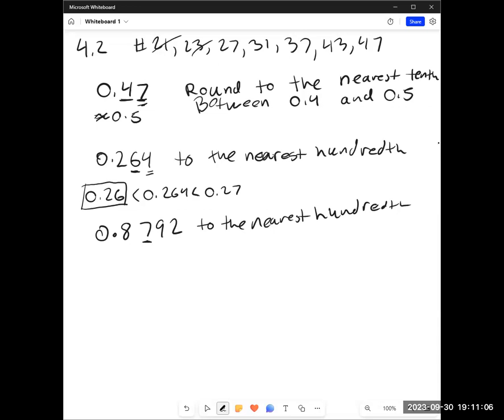So there's the hundredths place. The 9 is the only thing that's important to us. We don't care about the 2. It's not significant to us. So we're going to round up, and we're going to say that this is approximately 0.88, 88 hundredths.